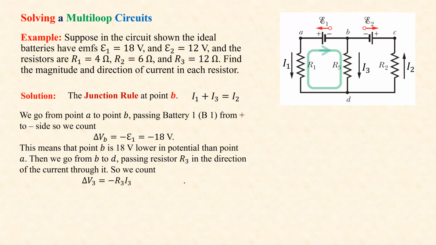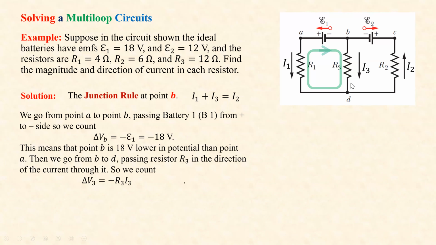All right. So we have delta V3, we call it, delta V from here to here, passing through R3, becomes a negative R3 I3, because we're going in the direction of current. Remember, if the current is going this way, it means that current goes in the direction of lowering potential.